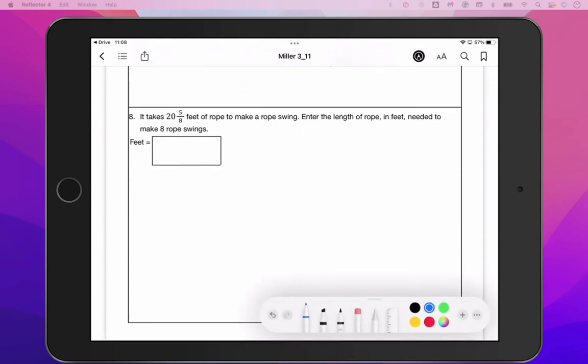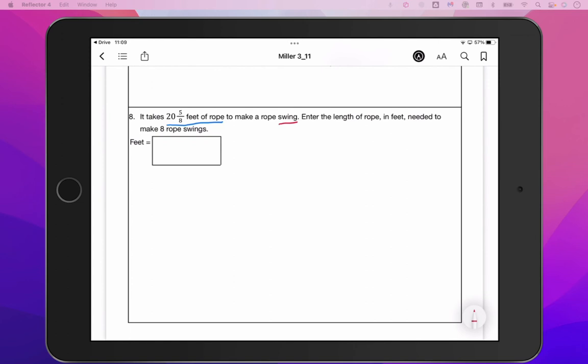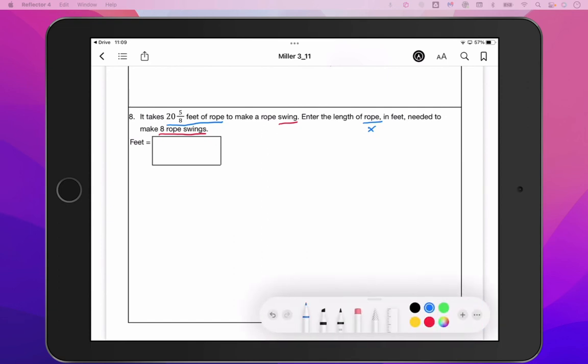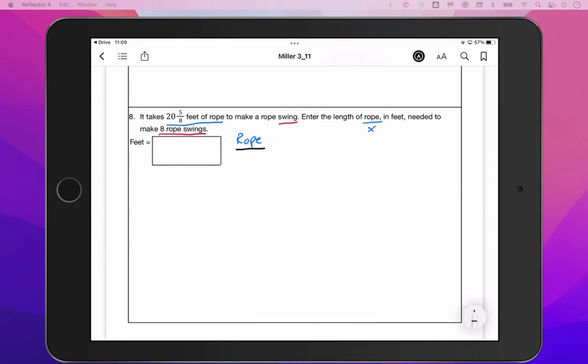We've got that it takes 20 5/8 feet of rope to make a rope swing. So we've got rope and we've got a swing. Enter the length of rope, that's our X value, that's what we don't know, to make 8 rope swings. And so our proportion is going to look like rope over swings.